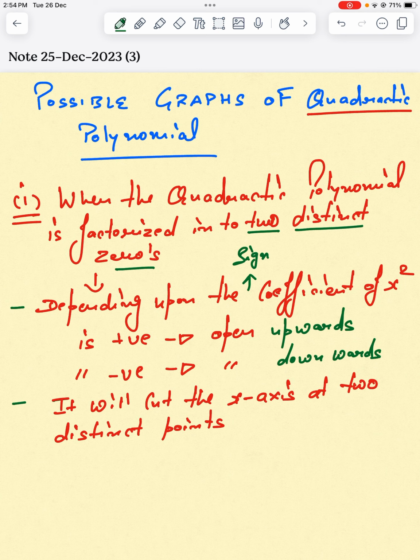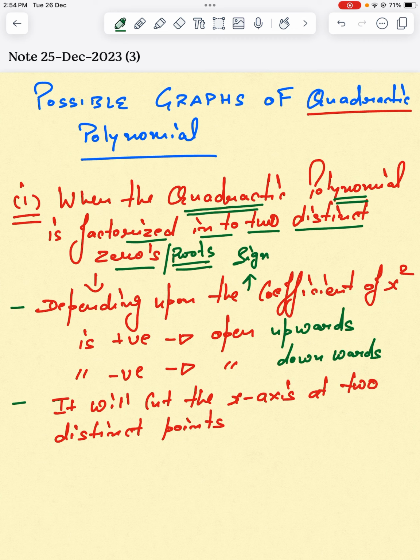The quadratic polynomial can be drawn depending upon whether the given quadratic polynomial is factorizable or not. So, in our first condition, the quadratic polynomial is factorized into two distinct zeros, or you can say roots.